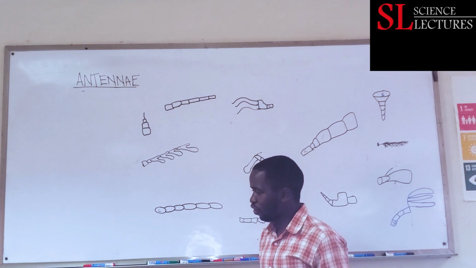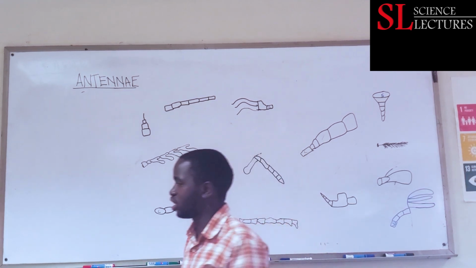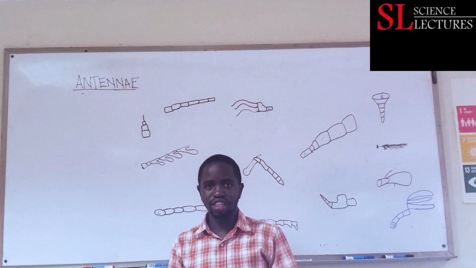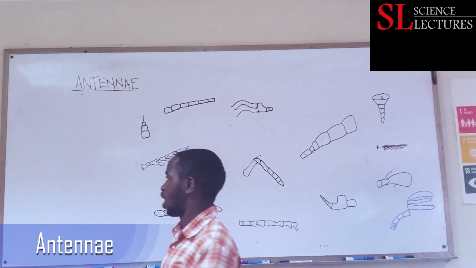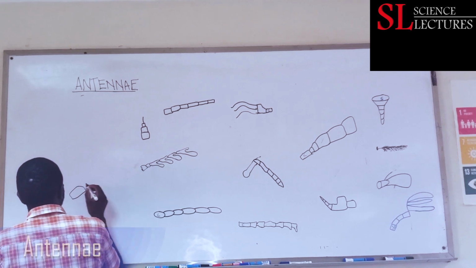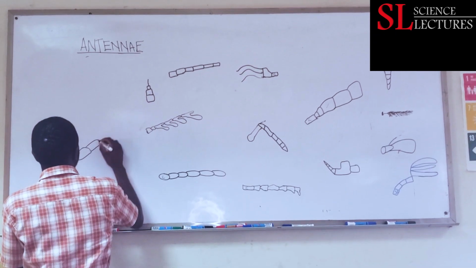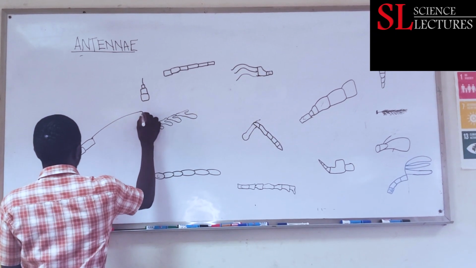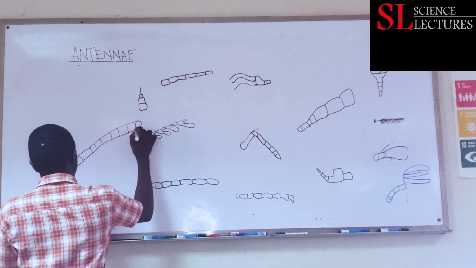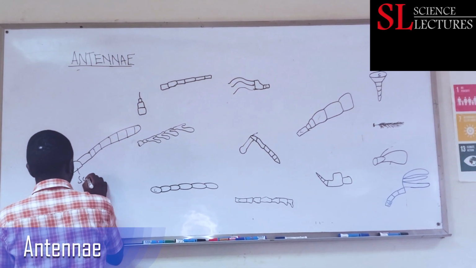Before we venture into the various types of antennae, we need to know the gross morphology of an antenna. What are the typical characteristics of an antenna? An antenna is made up of three major segments. The first segment is called a scape.